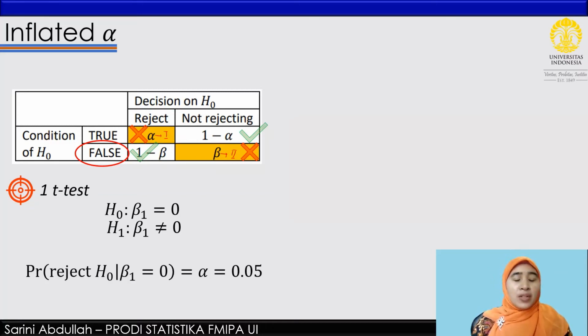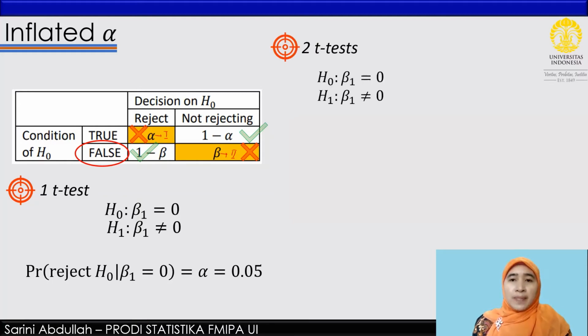Usually by default, although not always, we take alpha to be 0.05, meaning that the maximum tolerance for us to make a mistake, that is, rejecting something true, is just 5%. That is why we say alpha equals 0.05. But then let's say we have two t-tests, okay?